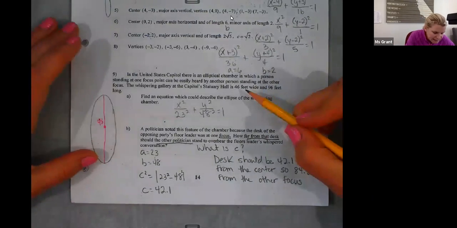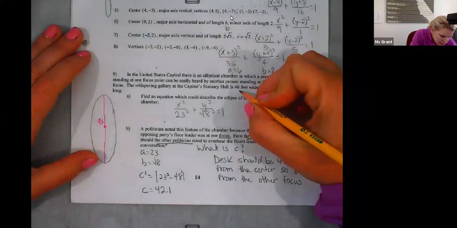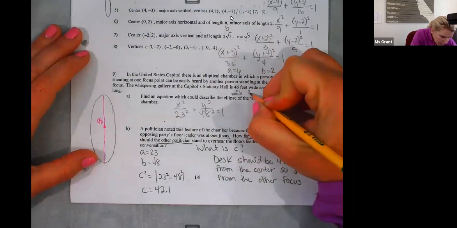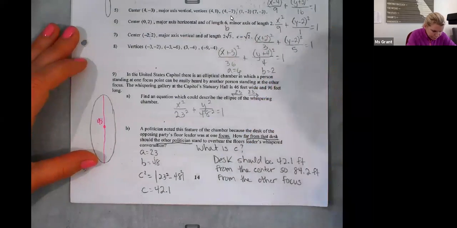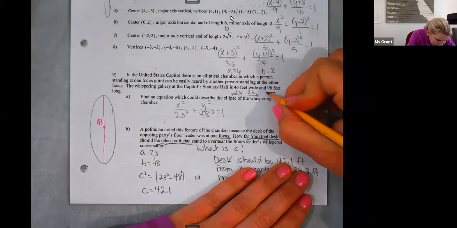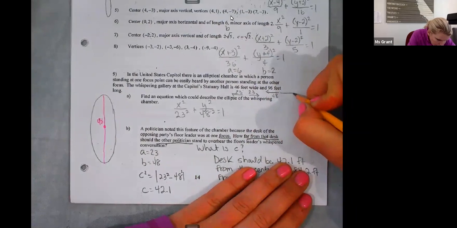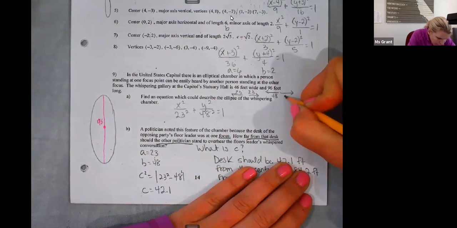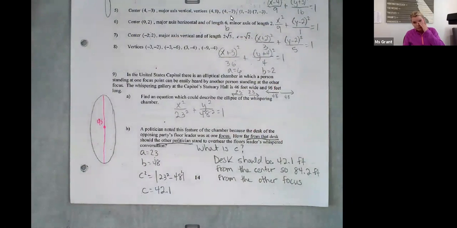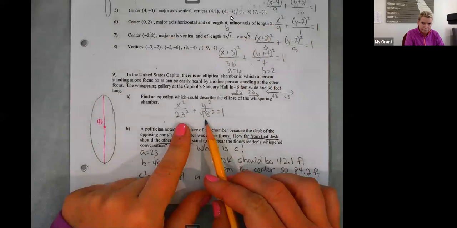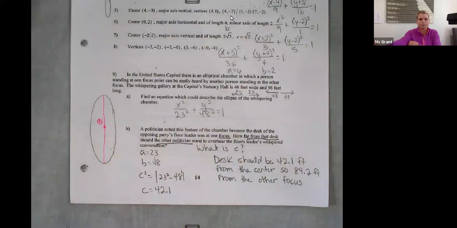First of all, I have to draw the formula. If it's 46 wide, that means it's 23 in one direction and 23 in another direction. 96 is 48 in one direction and 48 in another direction. So that's where I got my A and my B. The center is just going to be the center, okay? So that's how I found the formula.